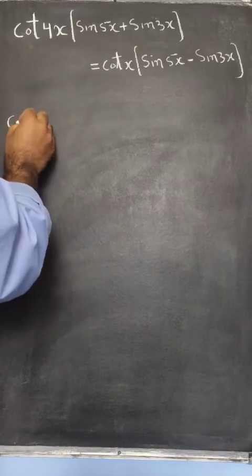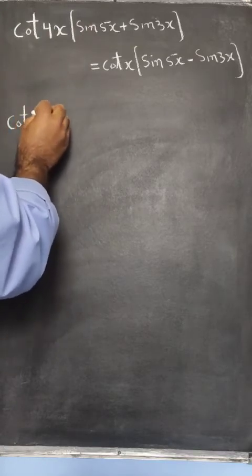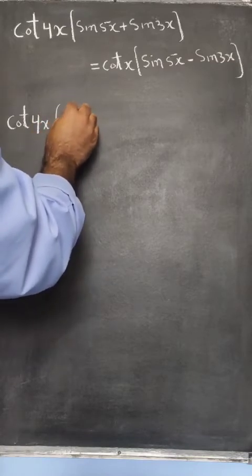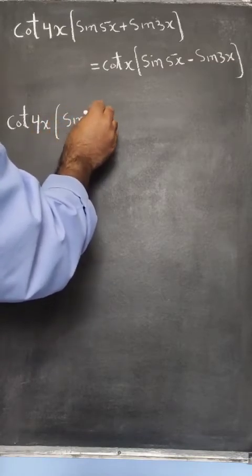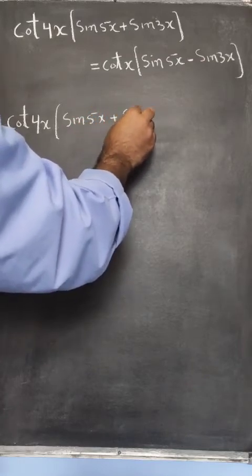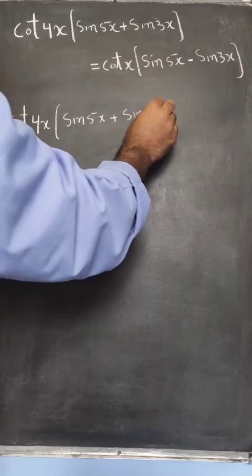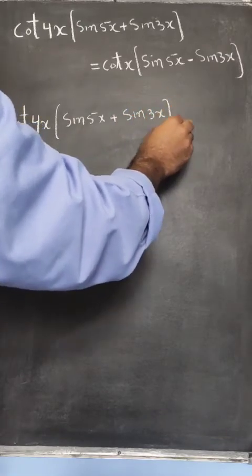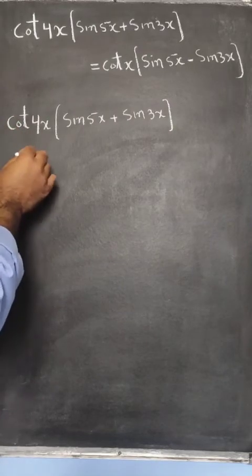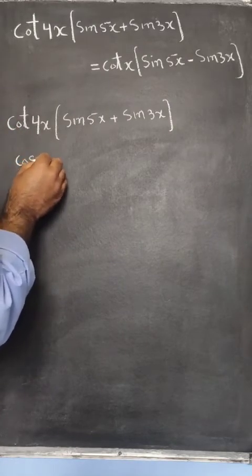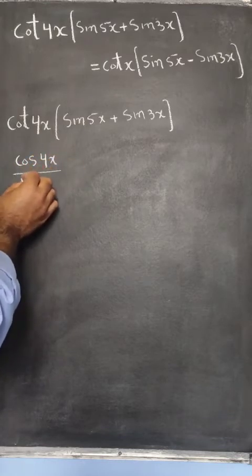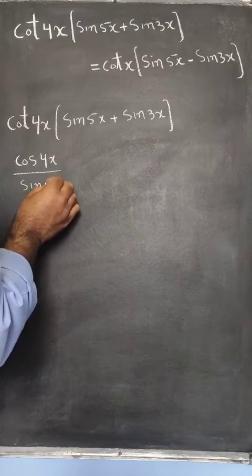Now LHS is equal to cot 4x into sin 5x plus sin 3x, that is equal to, instead of cot we can write cos 4x divided by sin 4x.